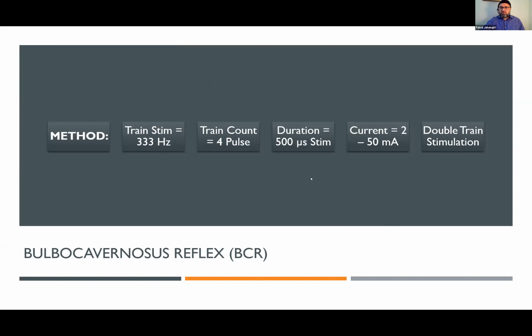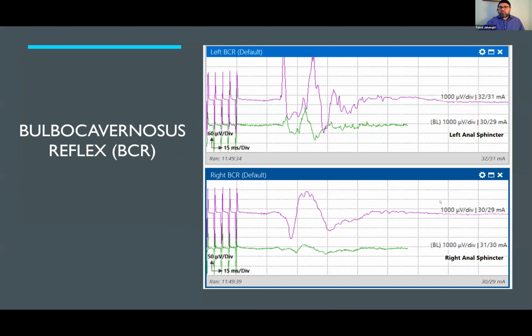The pulse duration should be about 500 microseconds. The current can range from 2 to 50 milliamperes, and you can do single train or double train stimulation. When you do double train stimulation, make sure you increase the duration of the recording. This is the waveform.